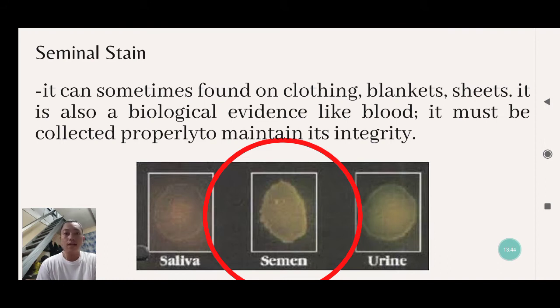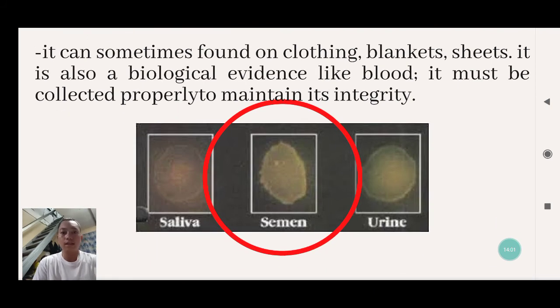Seminal stain. It can sometimes be found on clothing, blankets, and sheets. It is also biological evidence like blood. It must be collected properly to maintain its integrity.